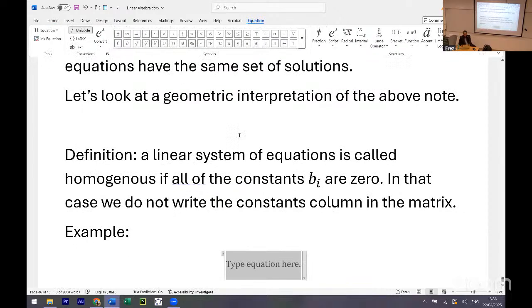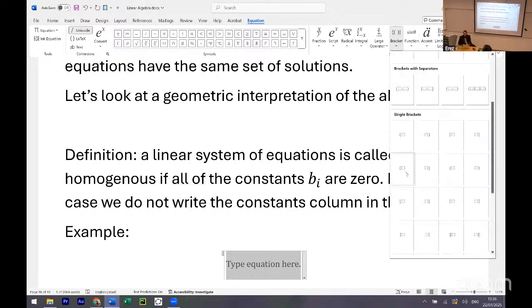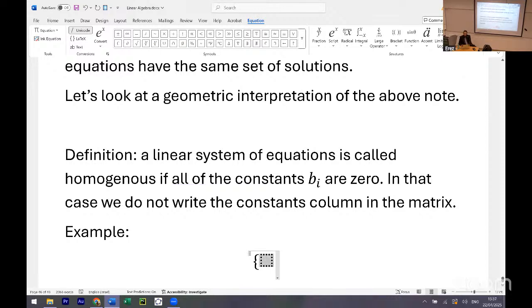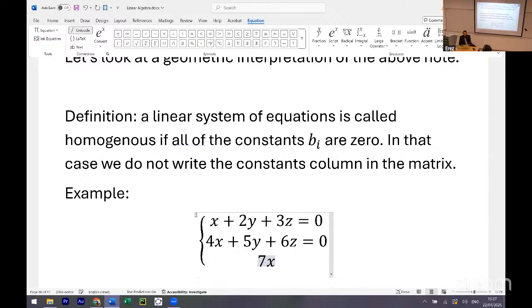If the system of equations is as follows, say it's x plus 2y plus 3z equals 0, 4x plus 5y plus 6z equals 0, 7x plus 8y plus 9z equals 0.